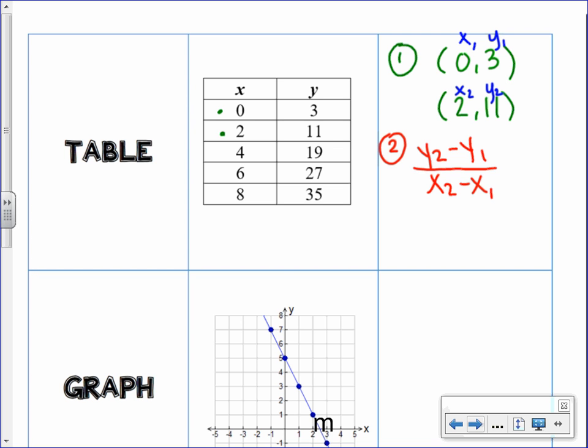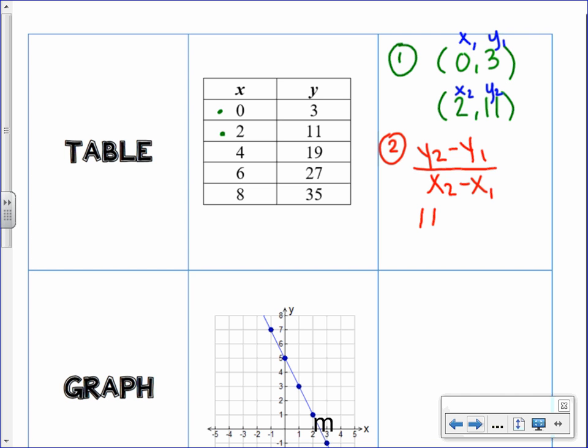All right, Leah Hale, what is Y2? 11. So instead of Y2, I'm going to put in 11. Perfect. Will, what is Y1? 3.